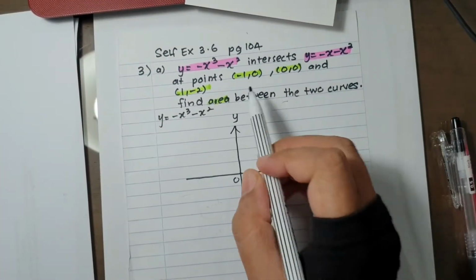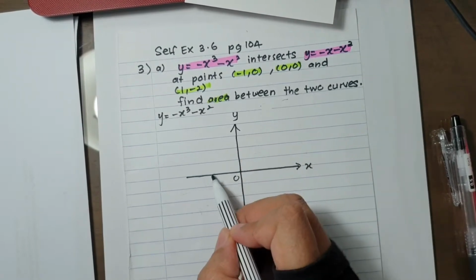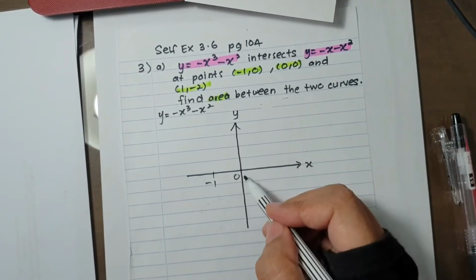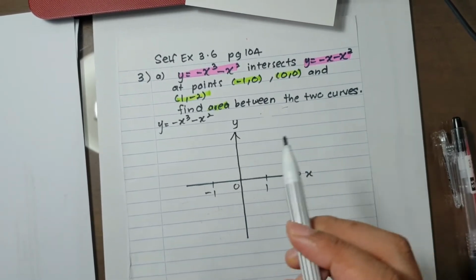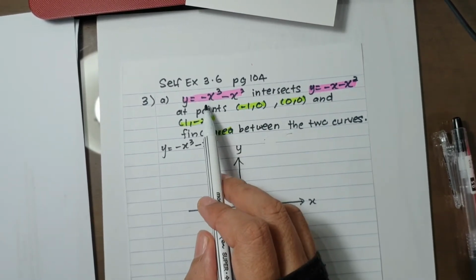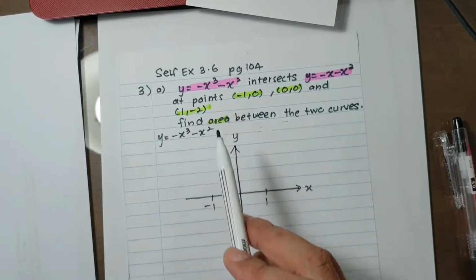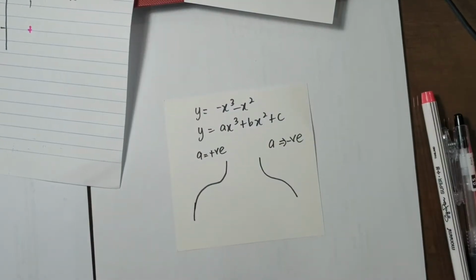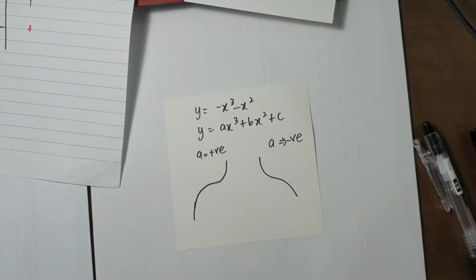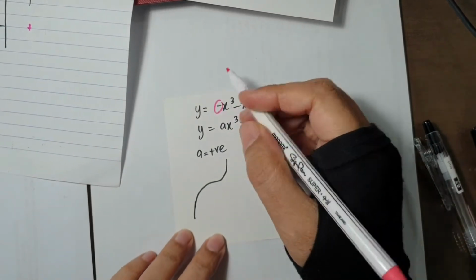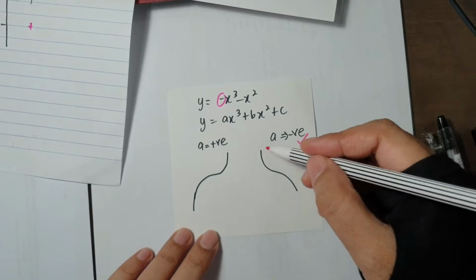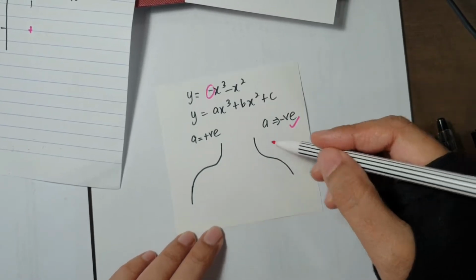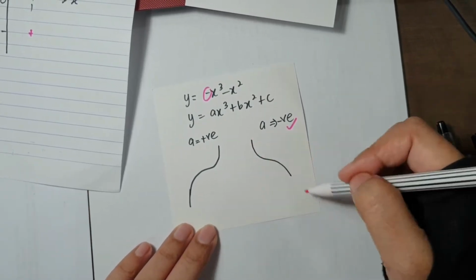The x coordinates are negative 1, 0 and 1. Let's start with the cubic curve, negative x cubed minus x squared. For this question, you can see the value of a is negative, so the curve has a shape like this.